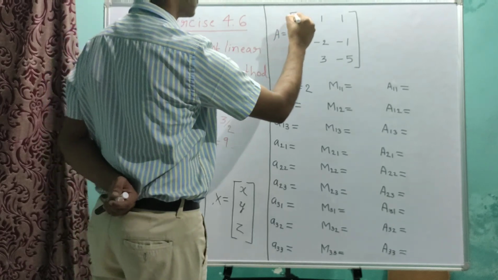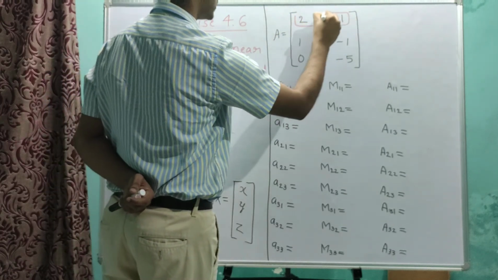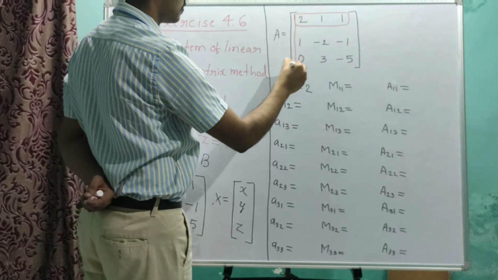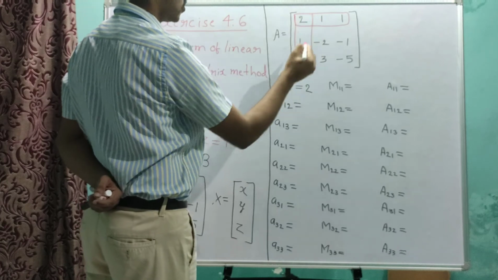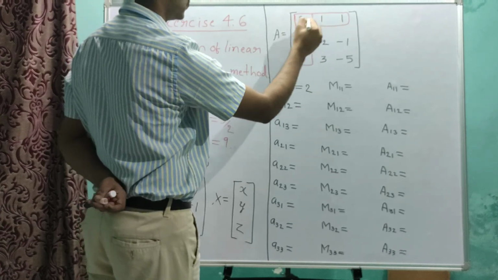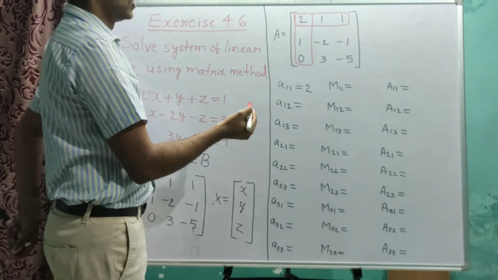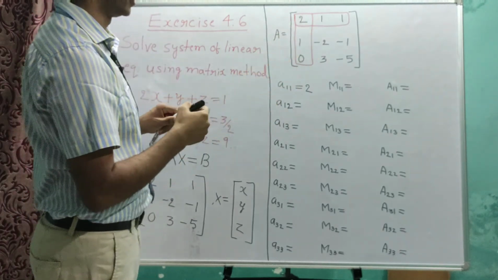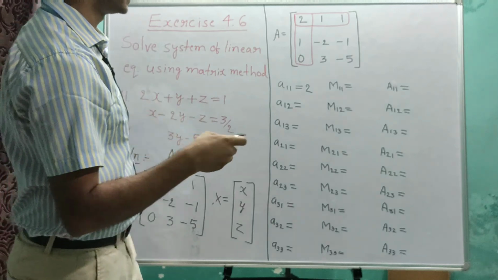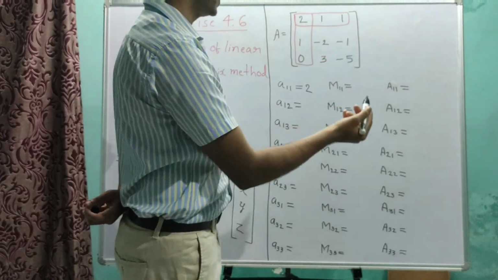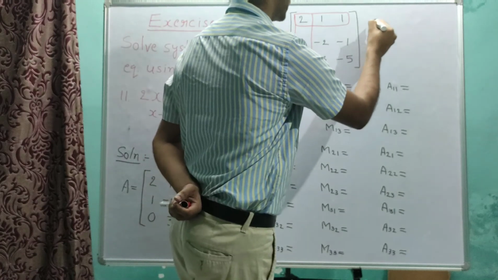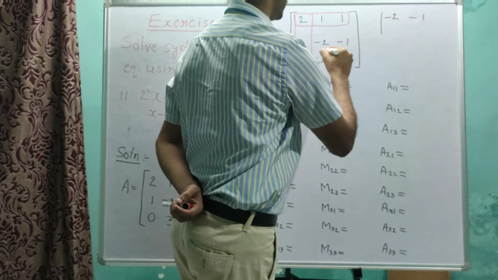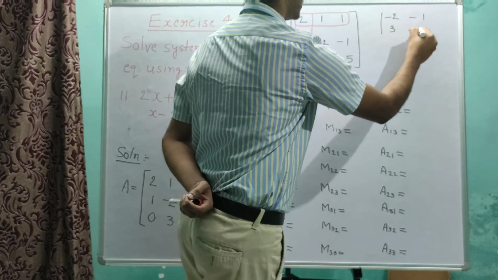Here A11 lies in first row as well as first column. So we are excluding the elements in the first row as well as first column. Next, consider the determinant of the remaining elements. So that is determinant of minus 2, minus 1, 3, minus 5.